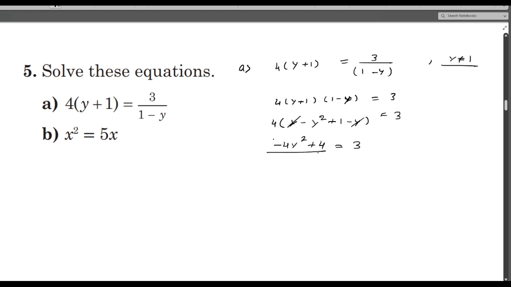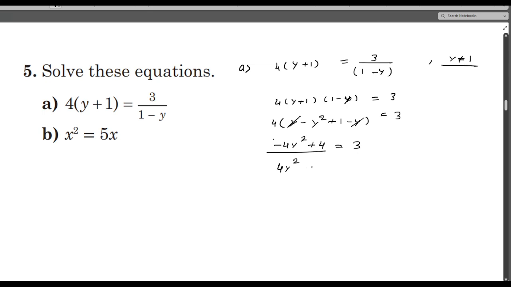Okay, move the left part to the right. I always want to have a positive coefficient of the y square term or highest degree term. Okay, it is not necessary. So when I move everything to the right side, it becomes 4y square.